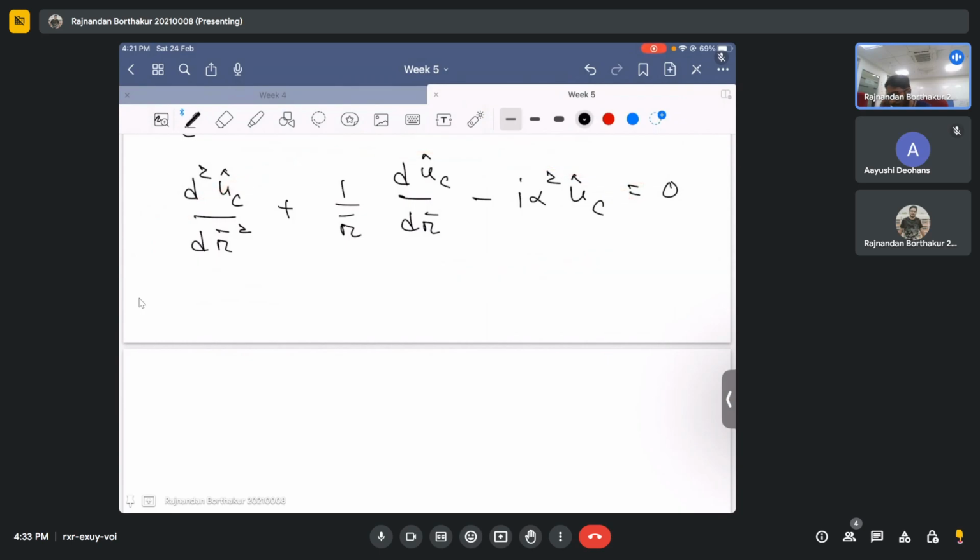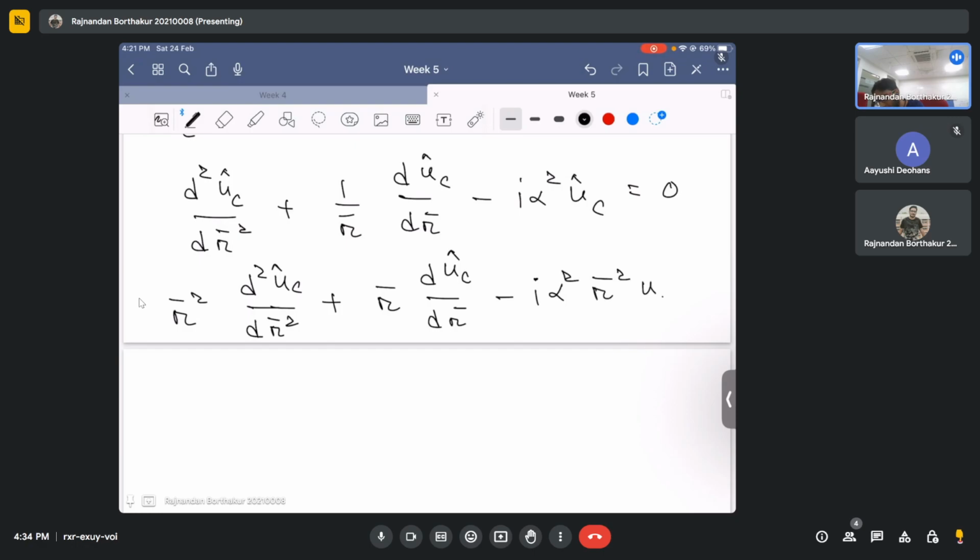We get r bar squared d2 u hat c by dr bar squared plus r bar du hat c by dr bar minus i alpha squared r bar squared u hat c equals 0.